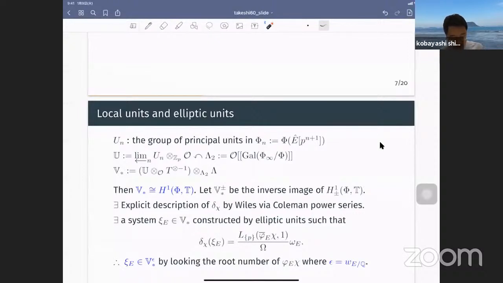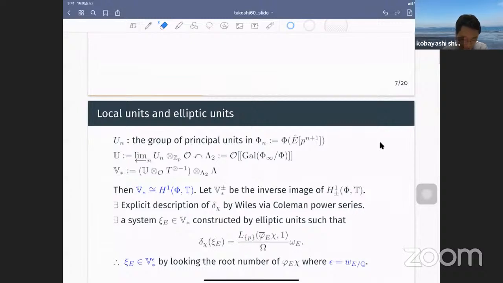If we have a norm-compatible system of local units U, consider the Coleman power series associated to U, then take the Kurzweil derivative. It gives delta chi. This is Wiles' explicit reciprocity law.